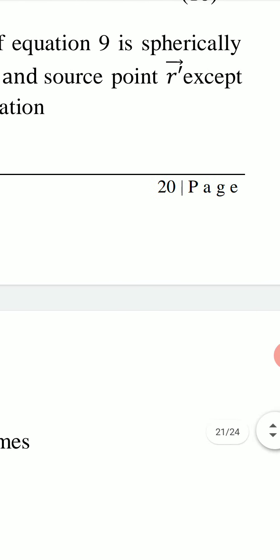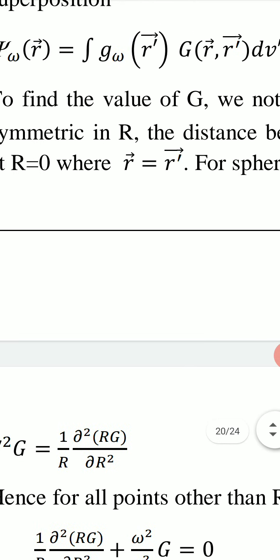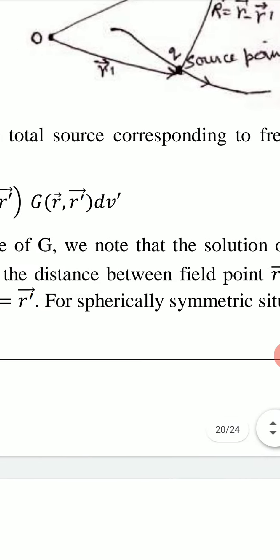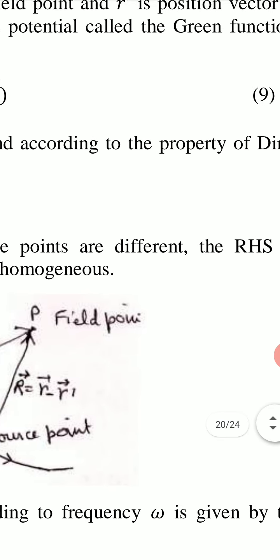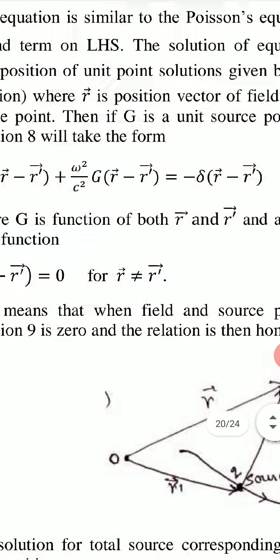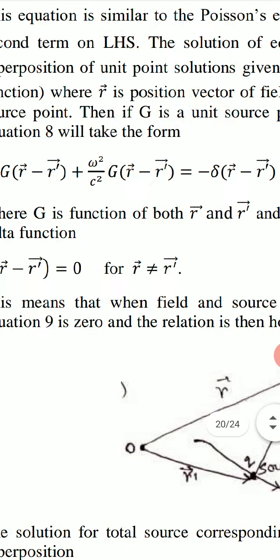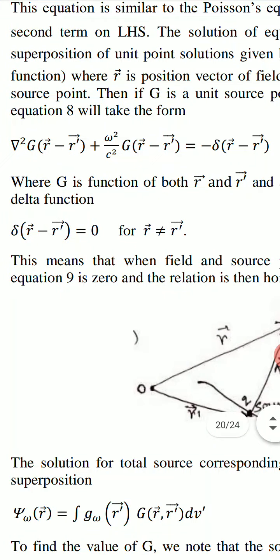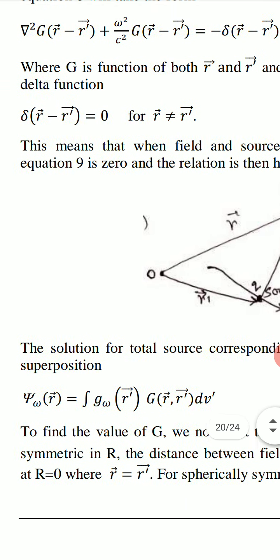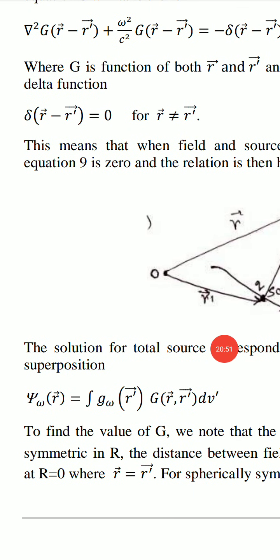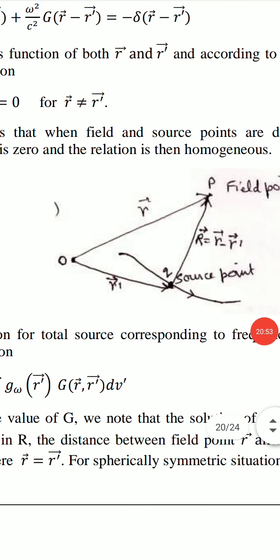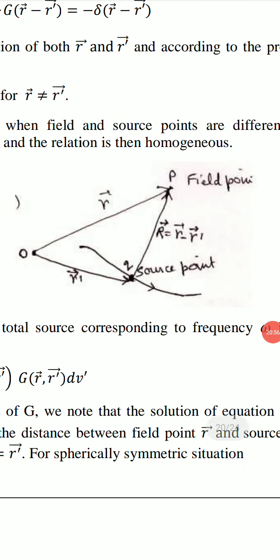Equation 9 is this equation, and the solution of this equation will be spherically symmetric when the right hand side is 0, that is delta r minus r dash equal to 0, and it is 0 when r is not equal to r dash, that is when these 2 points, field point and source point, are different.